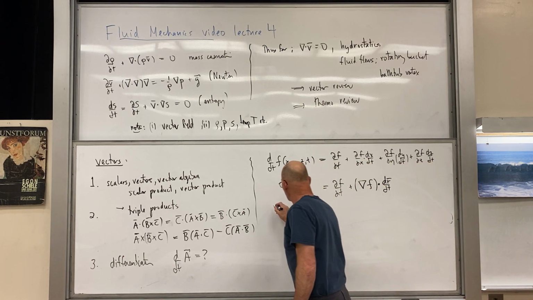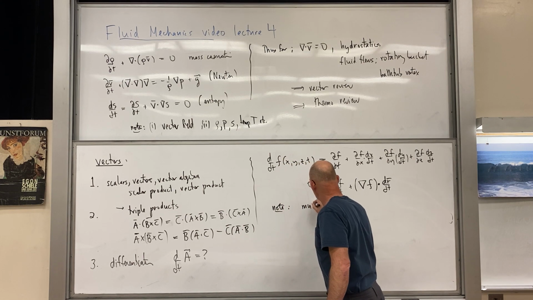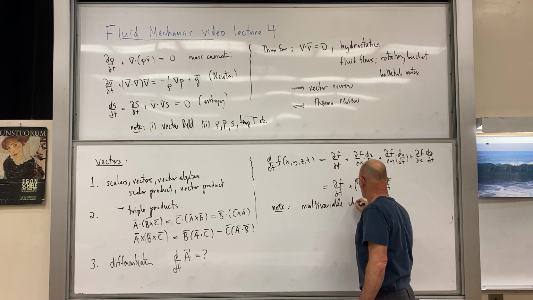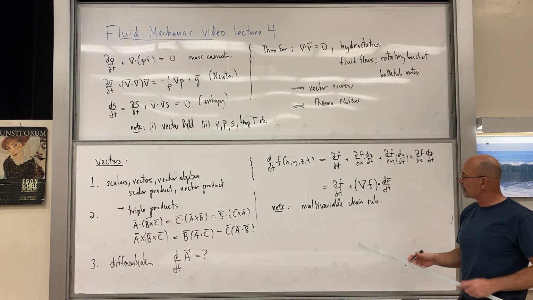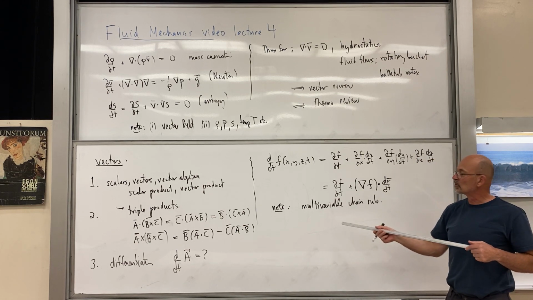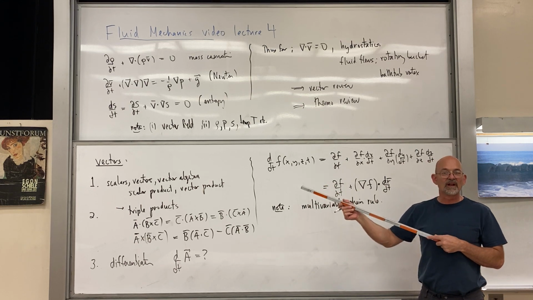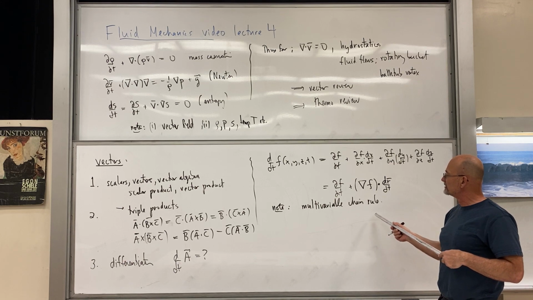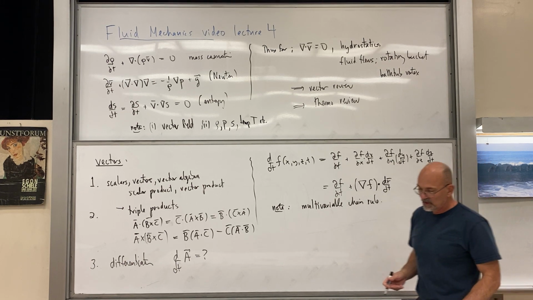And so important is the multivariable chain rule. Interesting to go back and see the proof of the multivariable chain rule. You actually have to go all the way back to the generalized definition of the derivative as a linear mapping. But anyway, you're back to the multivariable chain rule.